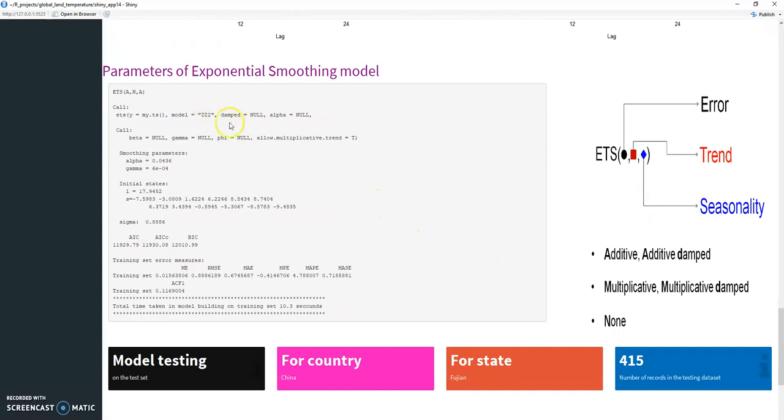The way we have set up this model is with all sorts of combinations that the model can take with respect to the additive, multiplicative, and none components in terms of ETS. We have also set the parameters as null, meaning that it can take up all sorts of values, and the values for which the AICc is the least would be the one that is actually chosen as the best model.